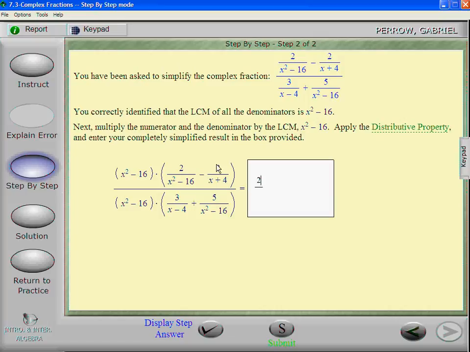So if I distribute negative 2 into x minus 4, I'm going to end up with minus 2x plus 8. Okay, so the minus 2 got distributed into x minus 4, the stuff that was left over.